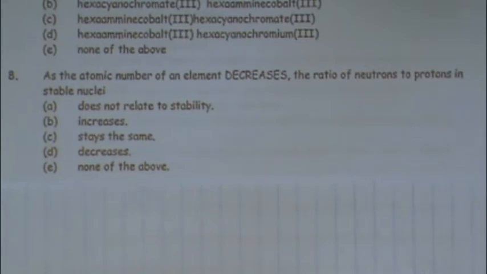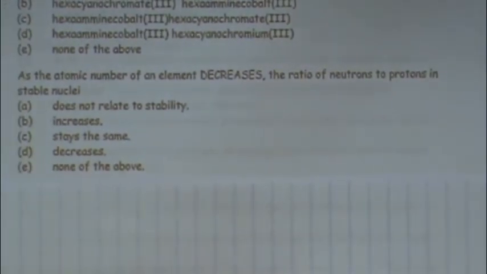Let me see your hand. A, B, C, D. You don't know. Why you don't know about that? We talked about it. Do you remember we said that the stability of the nuclei, that the neutrons are acting like nuclear glue? You remember that expression?